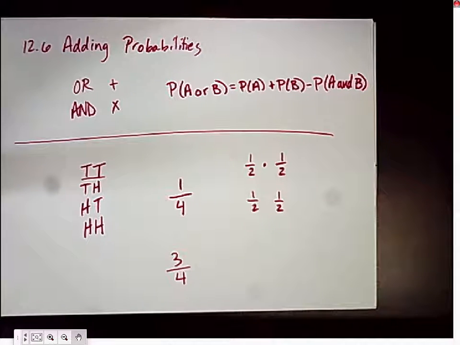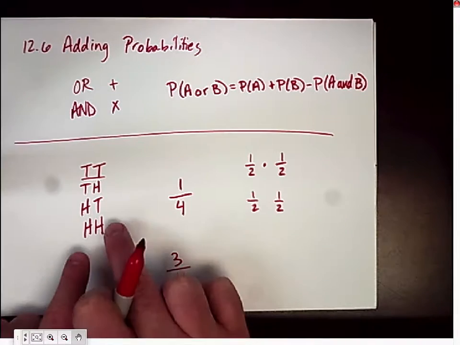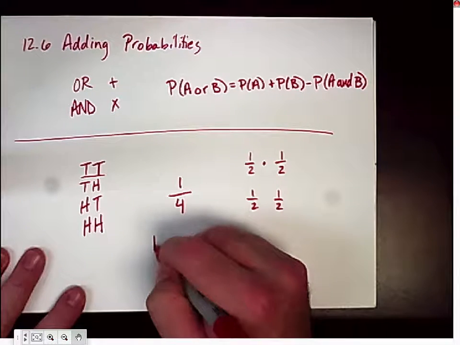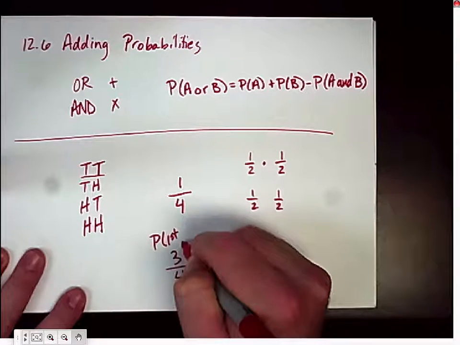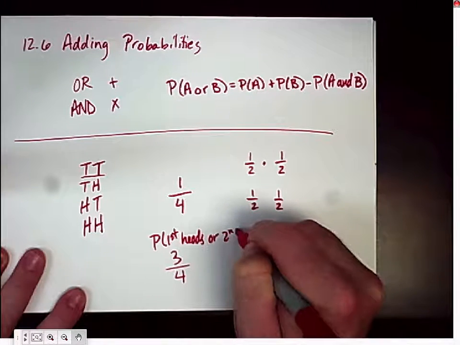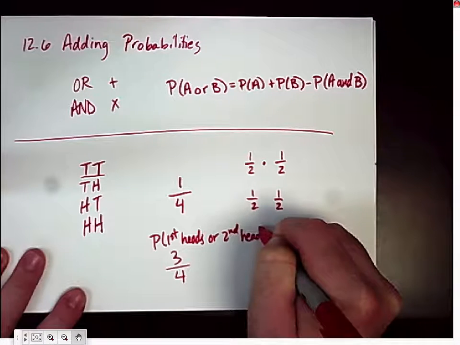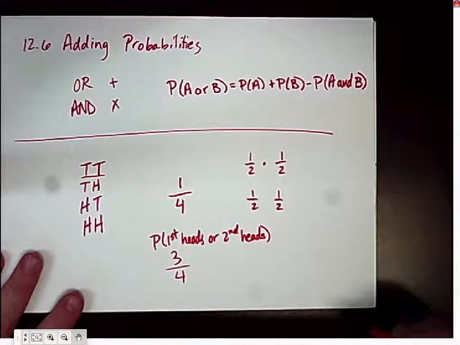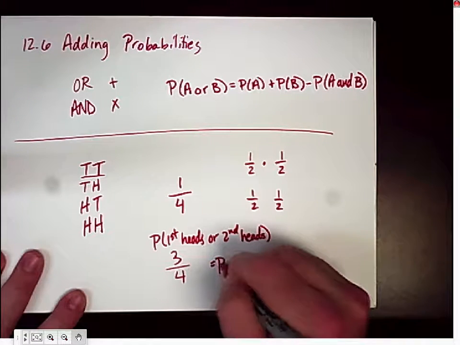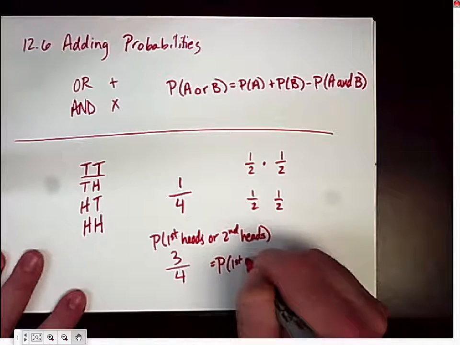Does that make sense? So let's look at this. What is the probability that the first is heads or second is heads? So it's the probability that the first is heads, right?